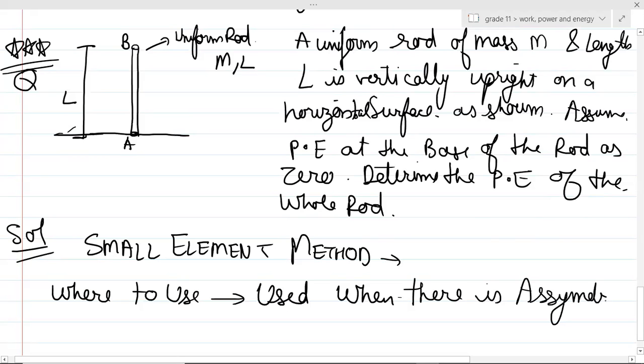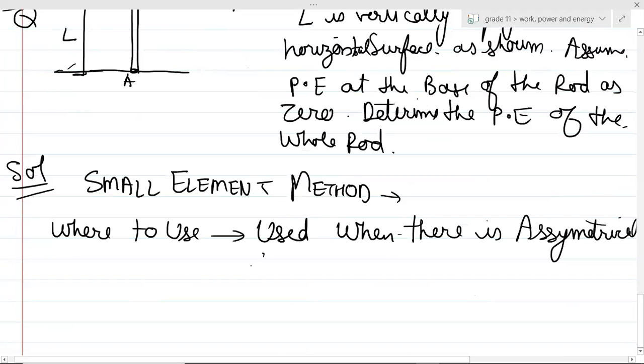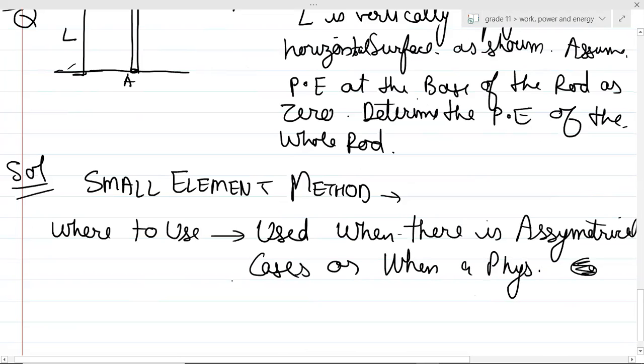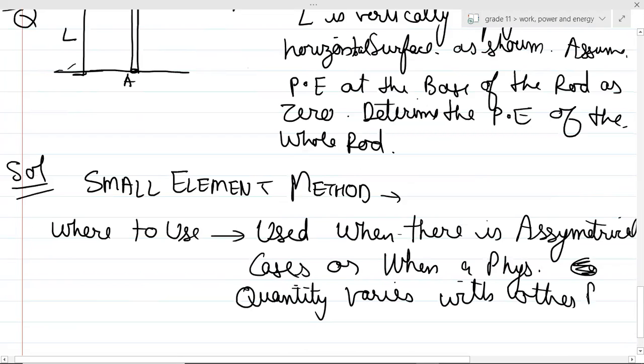We use it when a physical quantity varies with other physical quantities. Right?